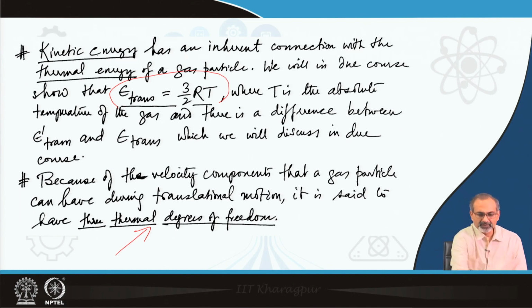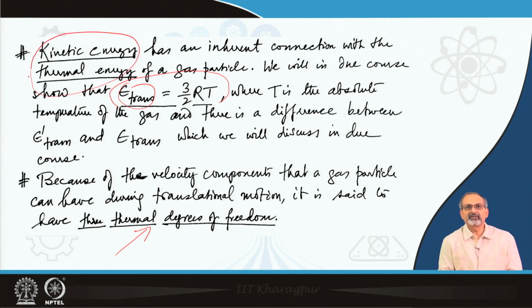We notice a difference in nomenclature here, that we are not writing it as epsilon dash translational, but rather as epsilon alone. We will discuss that later, but the point we are trying to make over here is the connection between kinetic energy and thermal energy, and if you consider T as a measure of that, then definitely this expression is enough for us to realize that yes, kinetic energy and thermal energy are indeed very closely connected when it comes to motion of a gas particle.